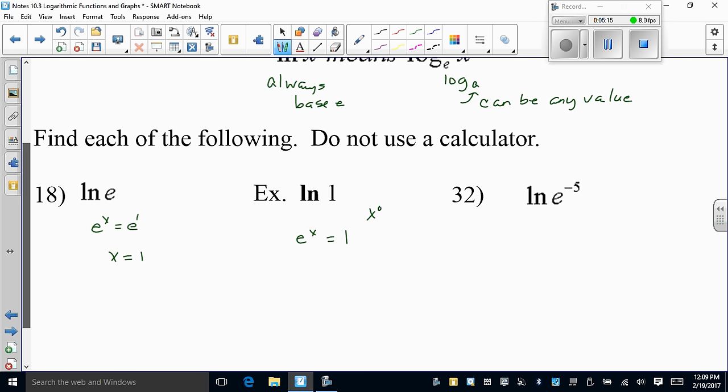This is true no matter what the base is. Log of 1, always 0. And then e to what power equals e to the negative 5th. x would have to be negative 5, sorry. So I don't want to say these are going to be common, but they do kind of fall into place there.